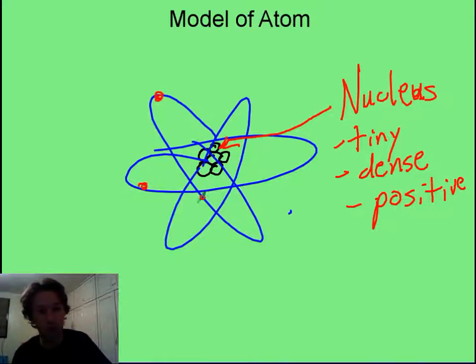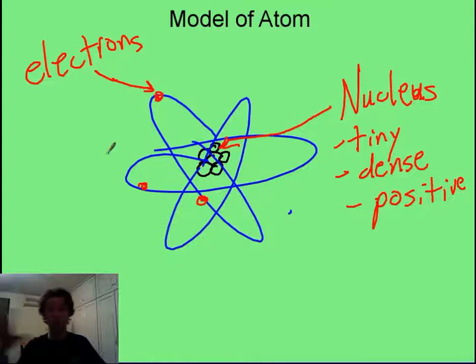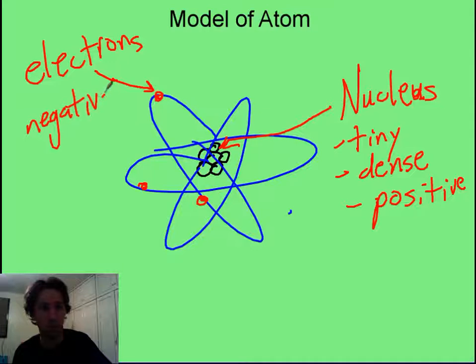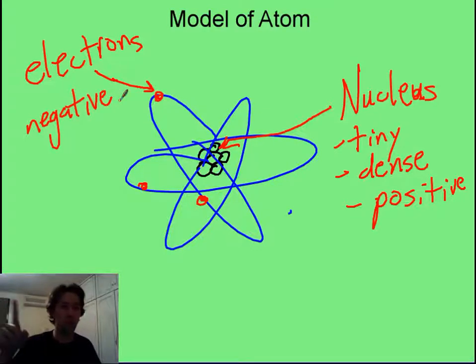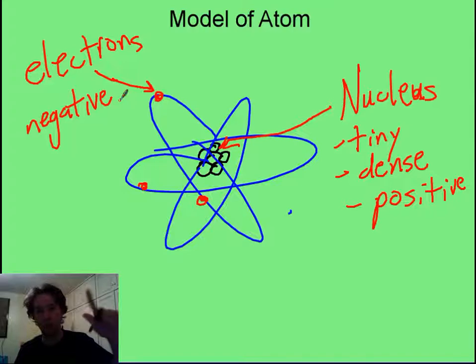Zipping around here are these electrons, and they're not really going in circles like planets or anything like that, but they are on the outside, and the area where they go accounts for most of the volume in our atom, and they are negative. One electron is equally negative to the magnitude of the charge of a positive proton.